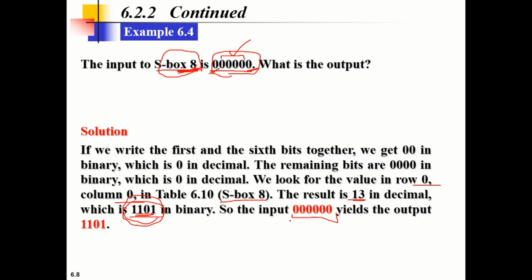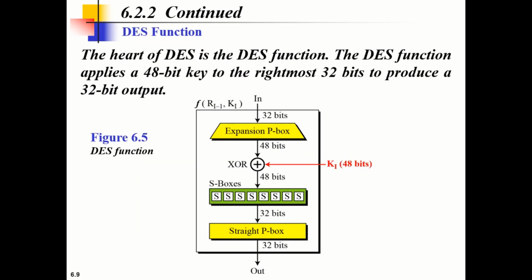After this, the 48-bit data passes through all these S boxes and gets converted into 32 bits. It goes to the straight P box, which is the last component of this DES function. Here we expanded the right part of the message, XORed it with the key, and compressed these 48 bits to 32 bits.